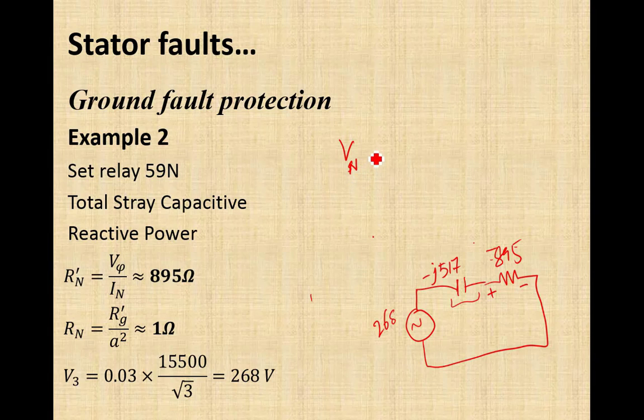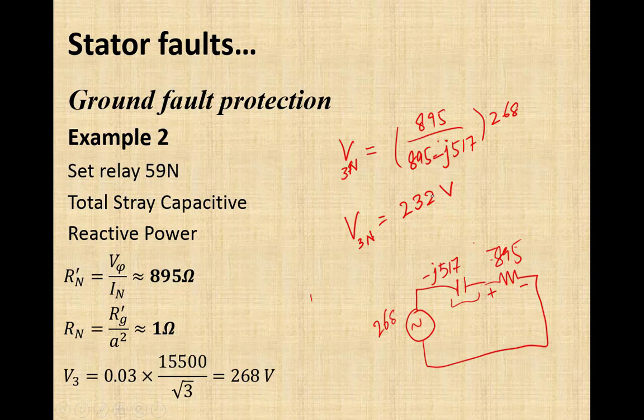V in the neutral circuit, that is the third harmonic, will be equal to 895 over 895 plus the total impedance of this branch, that is 895 minus j 517, multiplied by total source voltage 268, and this value of third harmonic neutral voltage is 232 volt.